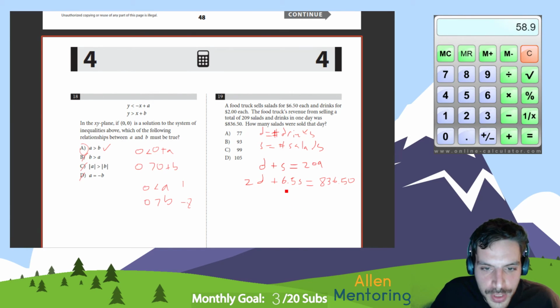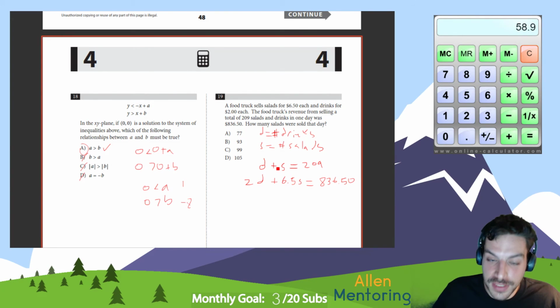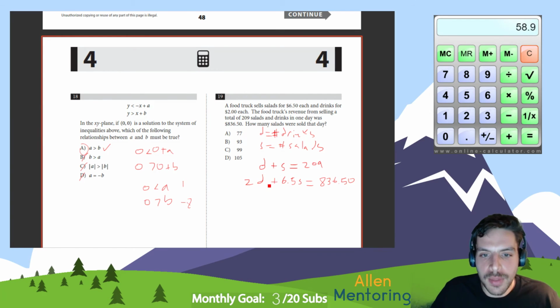So how are you going to solve the system of equations? In this case, maybe elimination would be a little difficult, right? So we are going to use substitution in this case. We're going to isolate one of these variables, d or s. In our case, let's substitute for d.